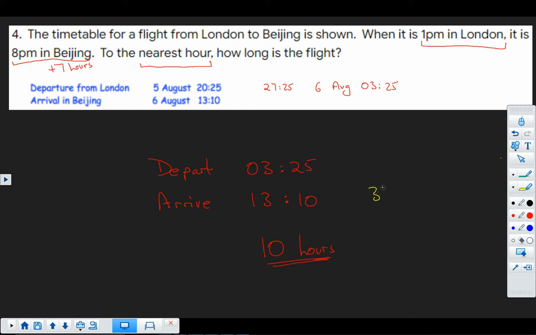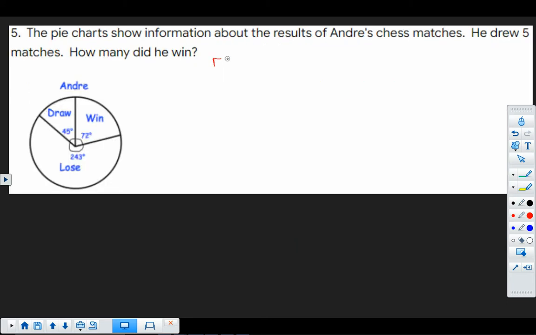If you want your teacher to assign you nuggets with similar questions to that, then the one to ask for is 37.09. Okay, although we've got a pie chart here, I want you to think about this as the ratio table that we use quite a lot in these questions. And what we can see here is that we're told that we drew 5 matches.